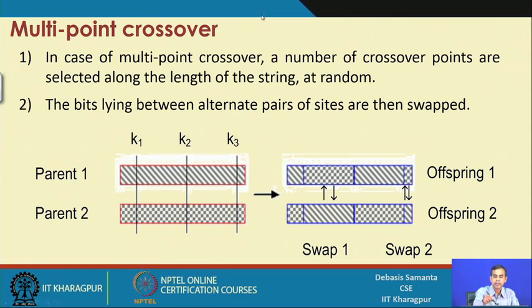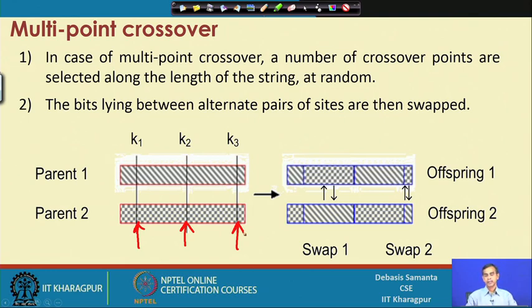So, we randomly decide three k points, k1, k2 and k3, and then producing the offspring is based on swapping the alternating parts. That means we can swap this part and this part. This way one offspring will be obtained, and here another offspring will be obtained, which is shown here.